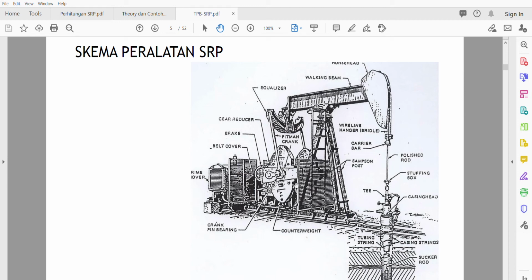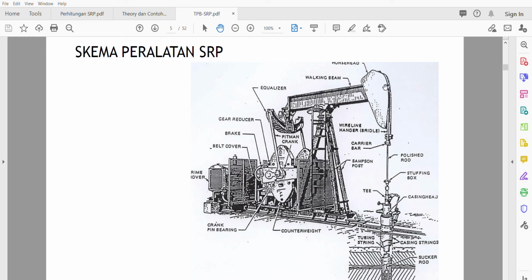The counterweight is connected to this crank. The crank is connected with the pitman, with the crank pitman bearing here. This is the pitman, the long one, and this is the equalizer. The equalizer is connected to the walking beam. This is the walking beam, with the horse head.